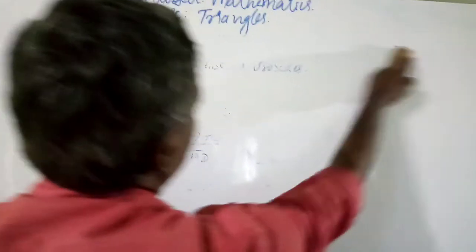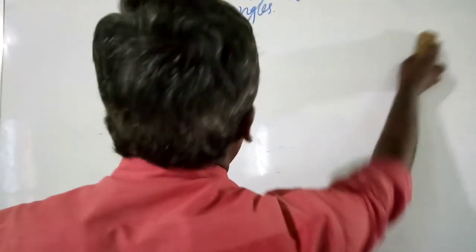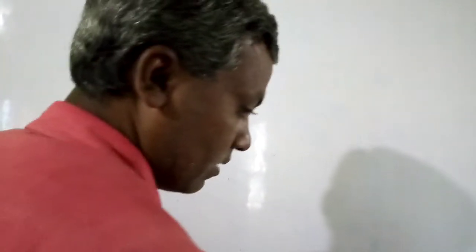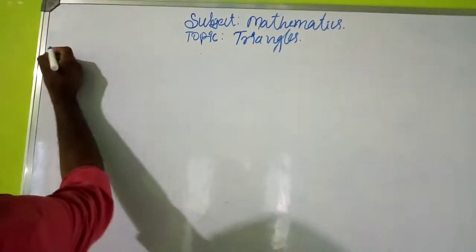This is a problem which is based on this theorem: the angles opposite to the equal sides of an isosceles triangle are equal. Okay, based on this we are doing problems here. Now the next problem, problem number 2.